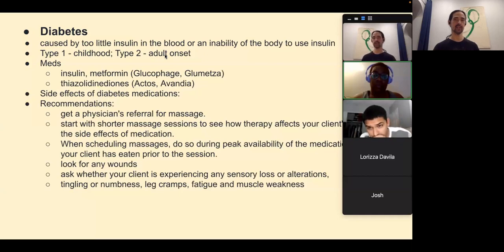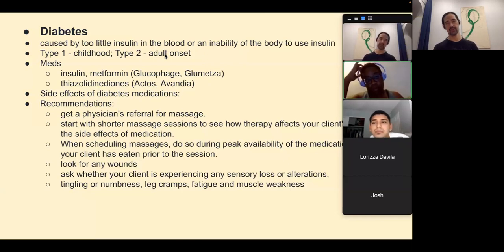Adult onset diabetes usually happens as a result of diet, but also a genetic predisposition towards having diabetes. Some people acquire type 2 diabetes and take medication for the rest of their lives. Other people reverse it through diet.